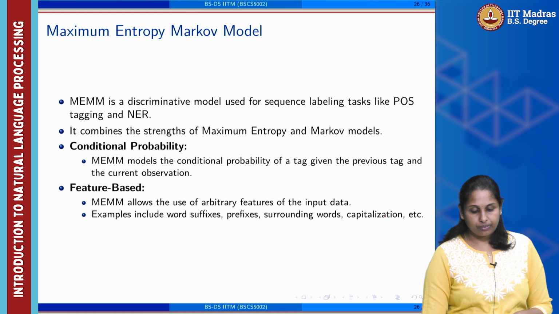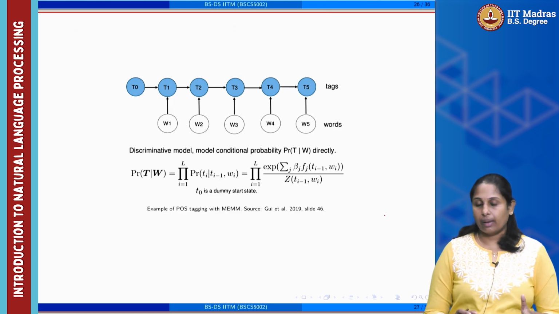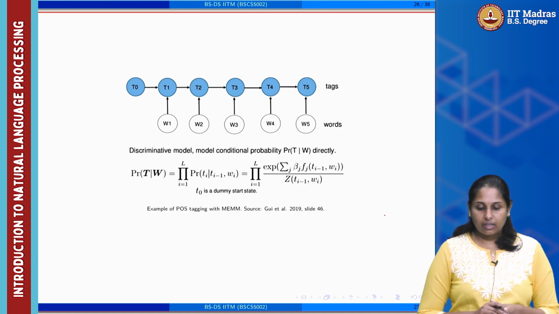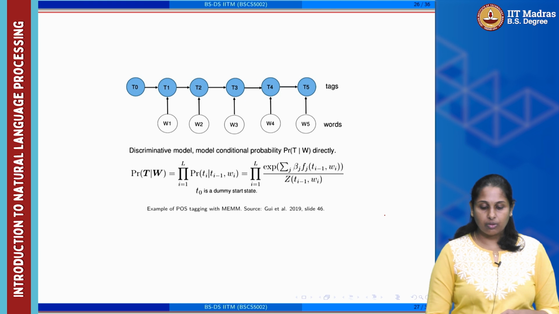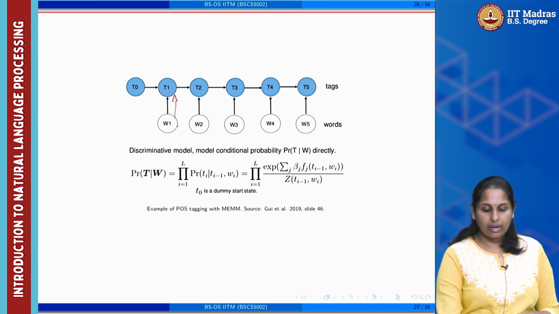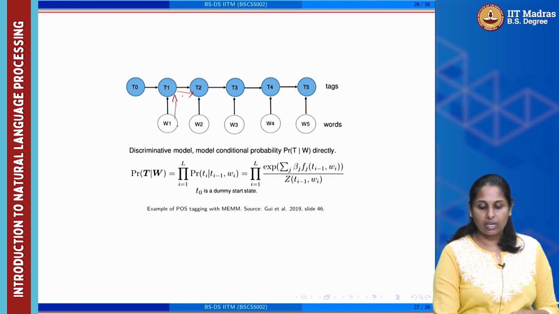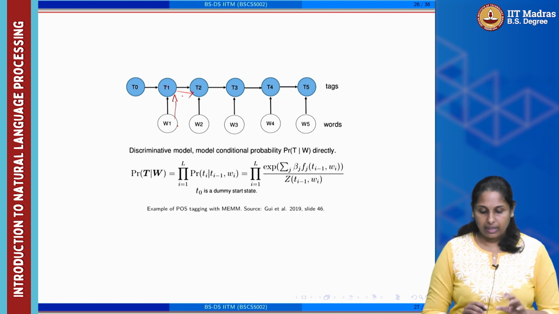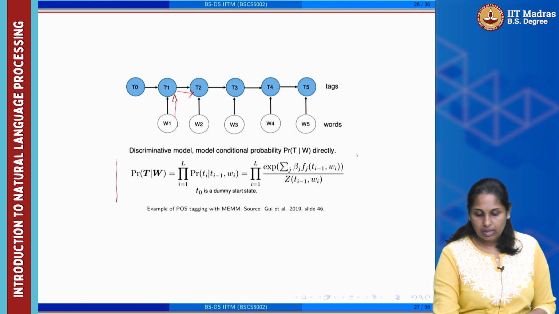So how does this MEMM work? Again, this MEMM is a discriminative model. You could see there are words and there are tags, and the emission and transitions are identified through calculations like this.